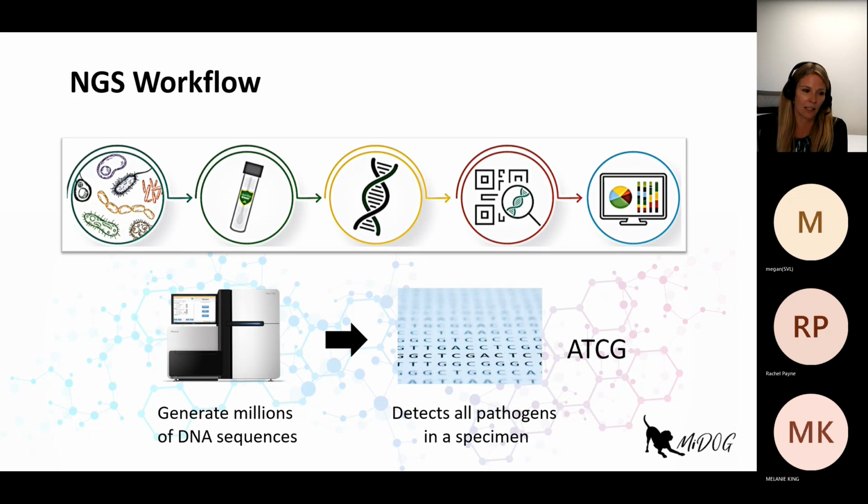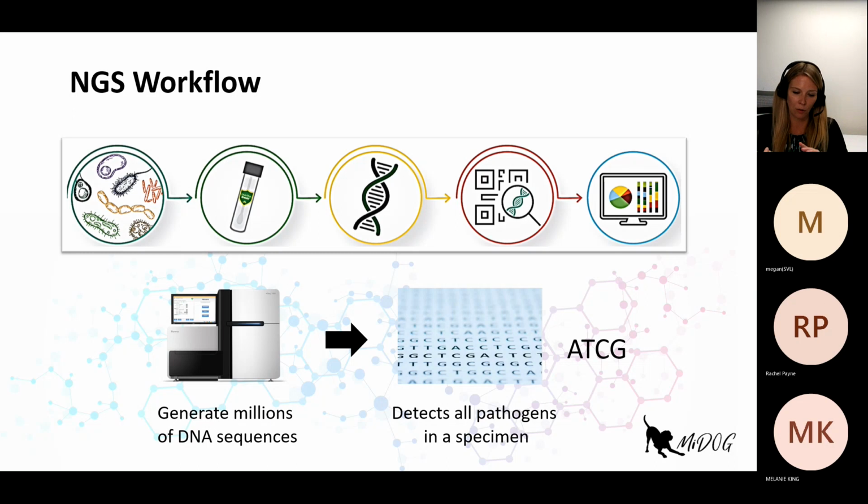And at the end of the day, it's just combinations of ATCG over and over, about 200 reads of just ATCG in different combinations. And once you have those reads, you need to map them to a database. Similar to how you would grab a dictionary when you have a new word that you haven't heard of before, to understand what this word means, what is the origin, how do I use it. This is the same approach that we use for these combinations of ATCG.